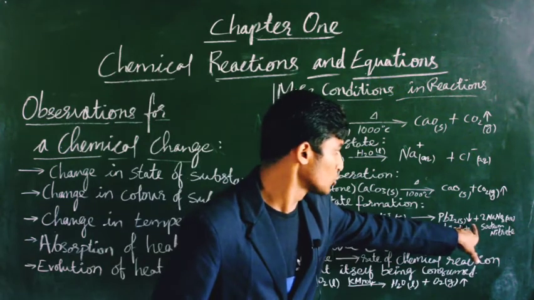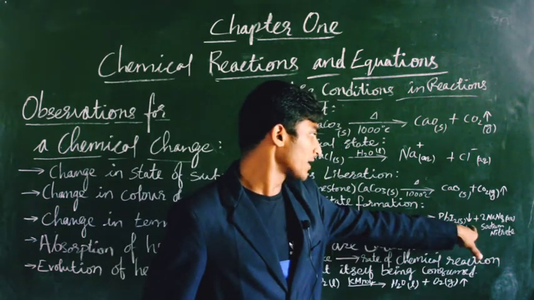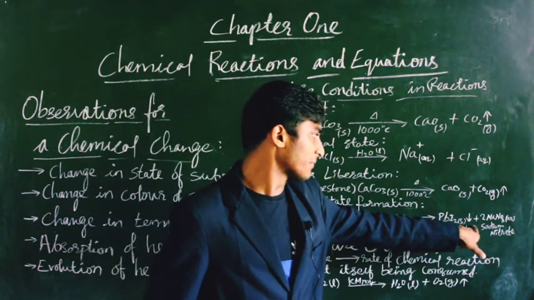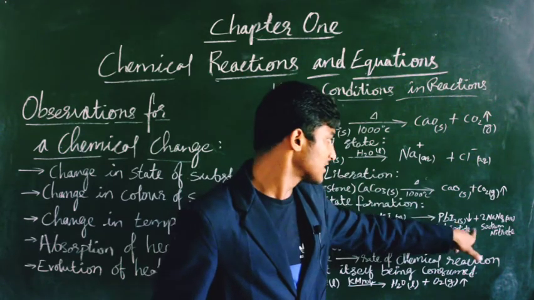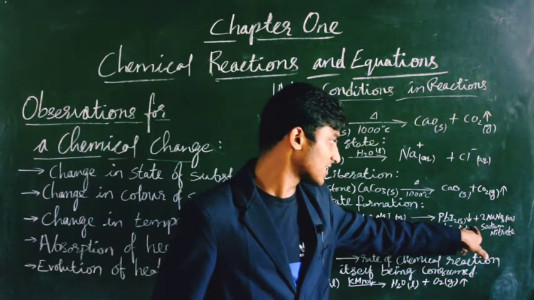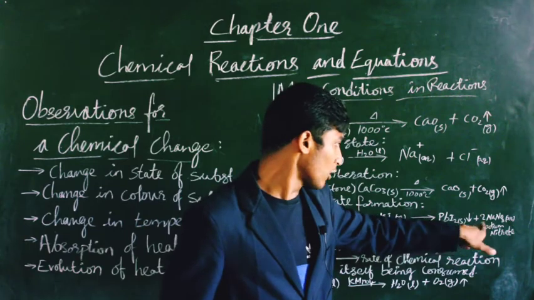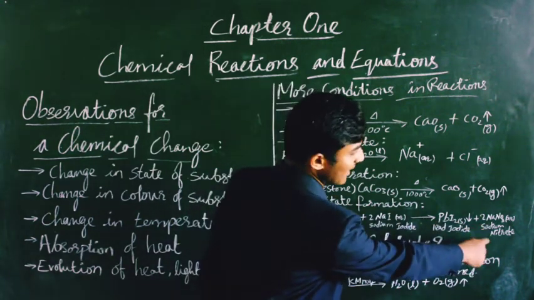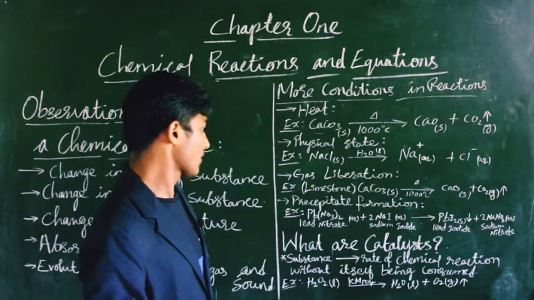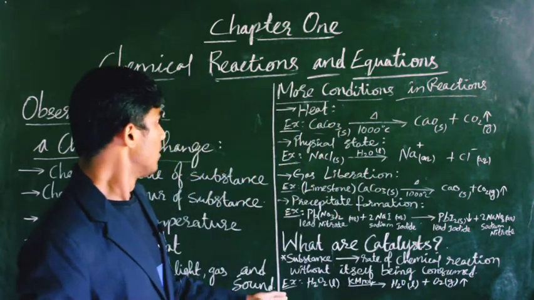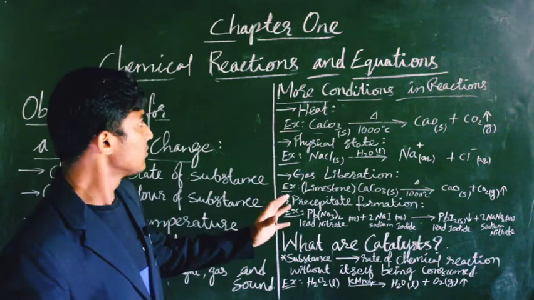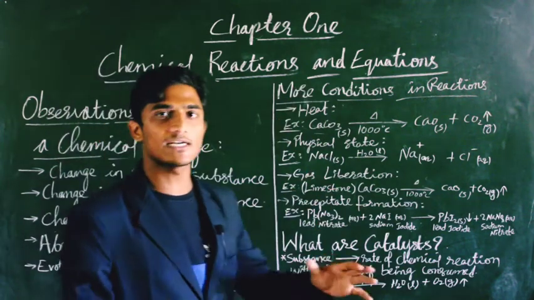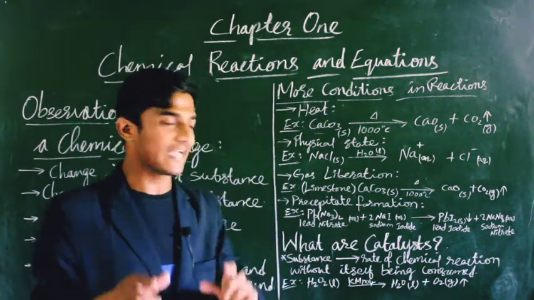This is the symbol to show that a precipitate is formed in this chemical reaction. Lead iodide is the precipitate, and along with lead iodide we also get sodium nitrate, in aqueous form. These are the points we have seen to understand more conditions that are involved in chemical reactions.